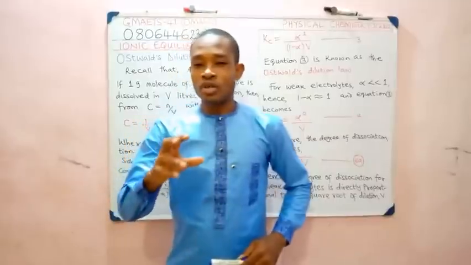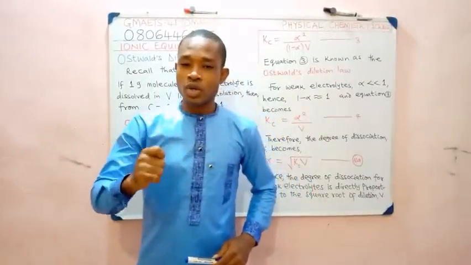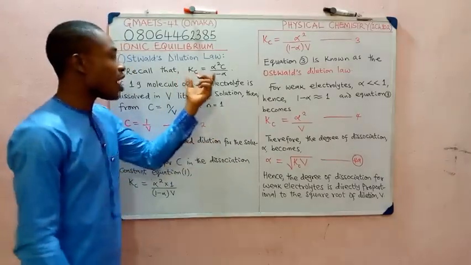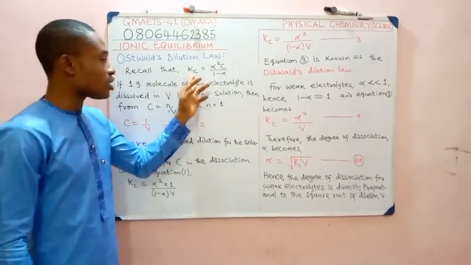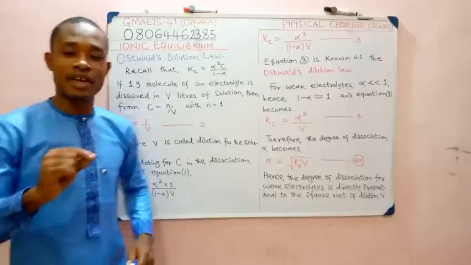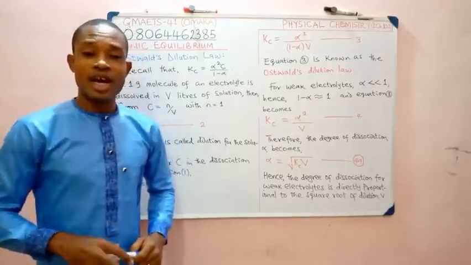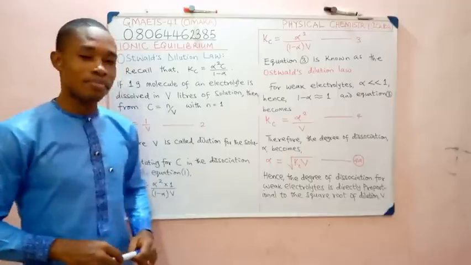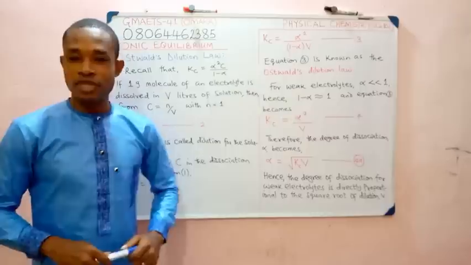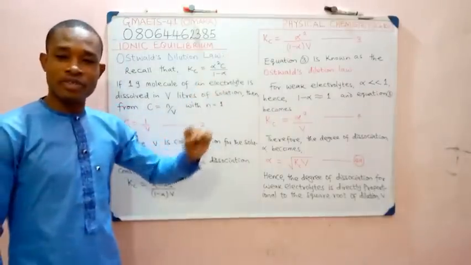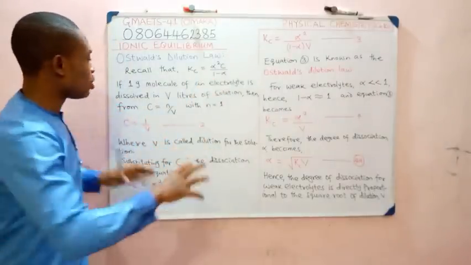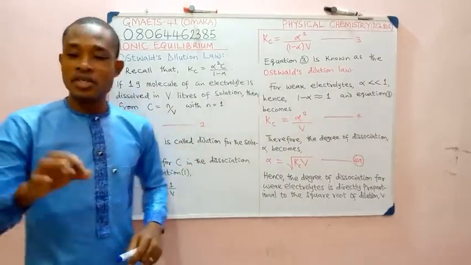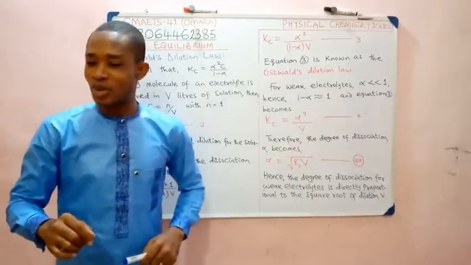We now want to look at the Ostwald dilution law from the equation we derived previously, that the dissociation constant is equal to the square of the degree of dissociation alpha times the concentration of the solution divided by 1 minus the degree of dissociation. We derived this equation previously, right? So now, we want to look at the situation where 1 gram molecule of an electrolyte is dissolved in V liters of solution.